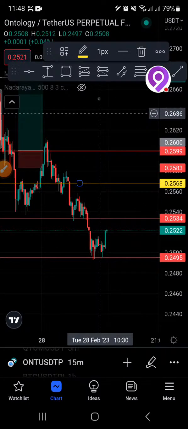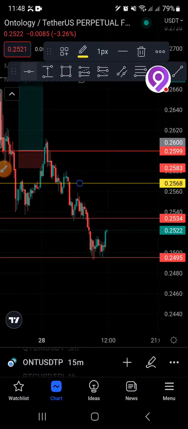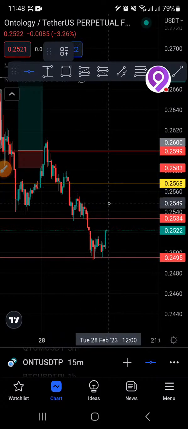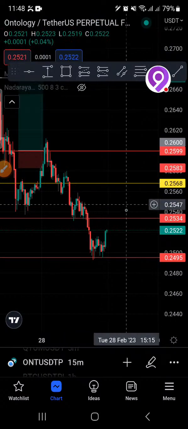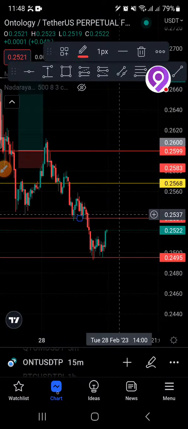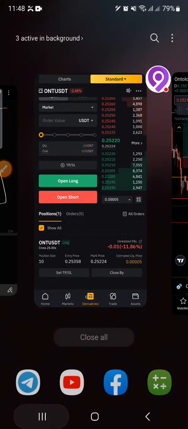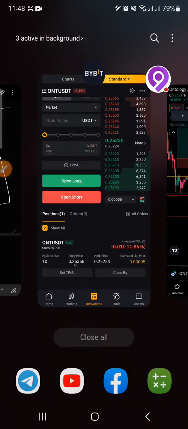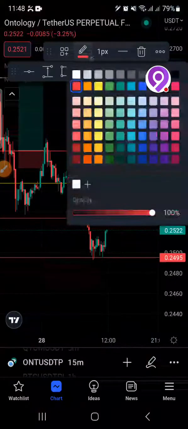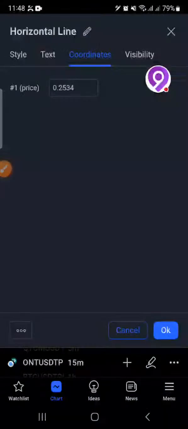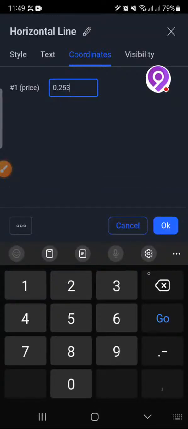So let me use another yellow line. Okay, 2535.